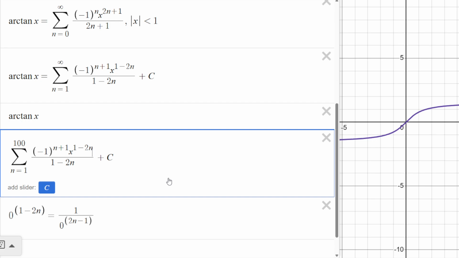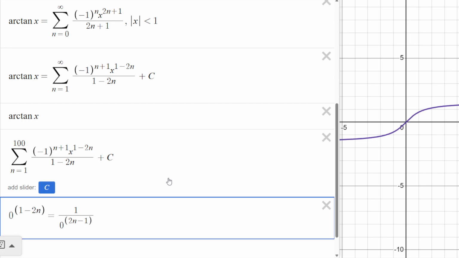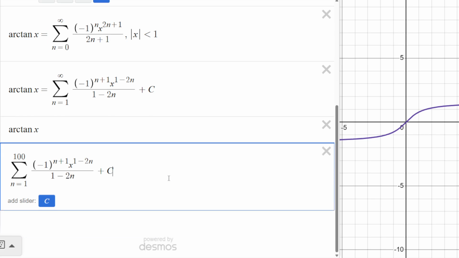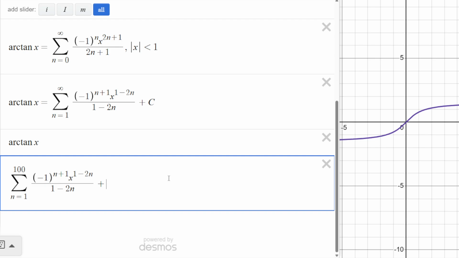But there is a way you can work it out to show that this is actually going to be plus pi over 2. I'll leave it as a side challenge to prove why this is actually plus pi over 2.